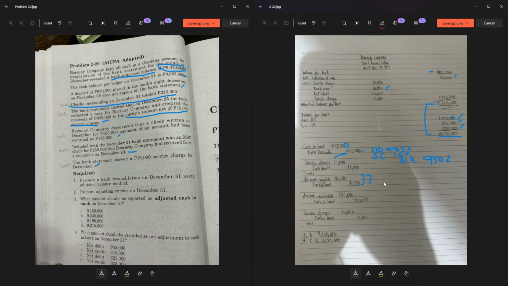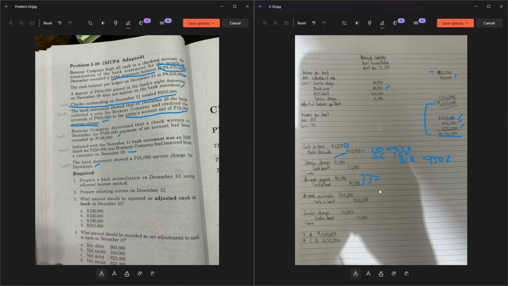So, therefore, in your books, hindi mo na-record na 183,000 yung payment. So, sobra ng 45,000 yung balance per bank mo dun sa iyong journal. And then, sa cash in bank, mababawas kasi nga, yun, na-pay mo na yung accounts payable.